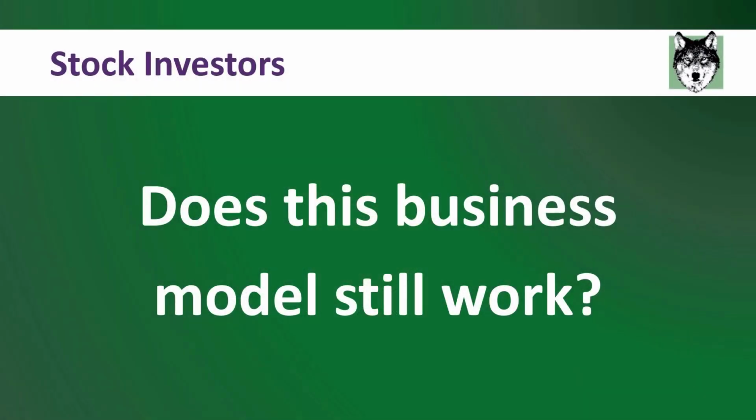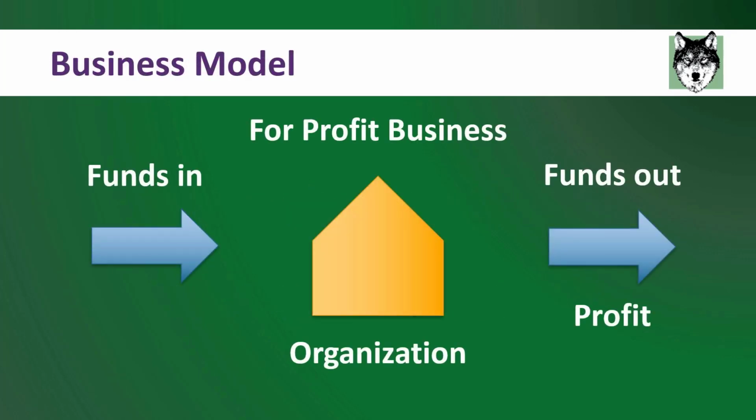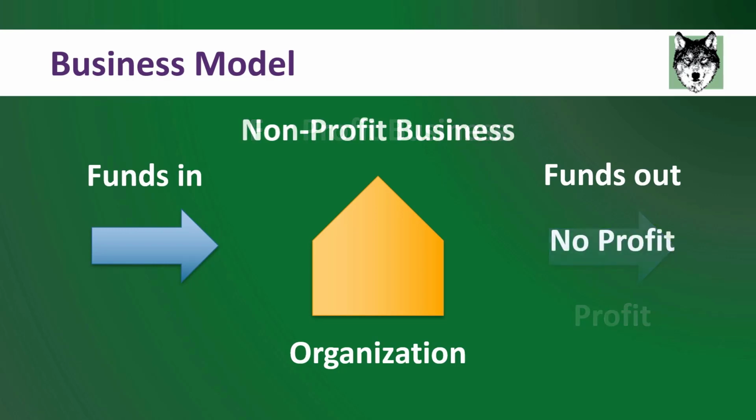Does this business model still work? Every organization is a business model. There is money going in and money going out. For a business, you want this business model to generate a profit. For a nonprofit organization, you want to make sure your organization remains solvent.